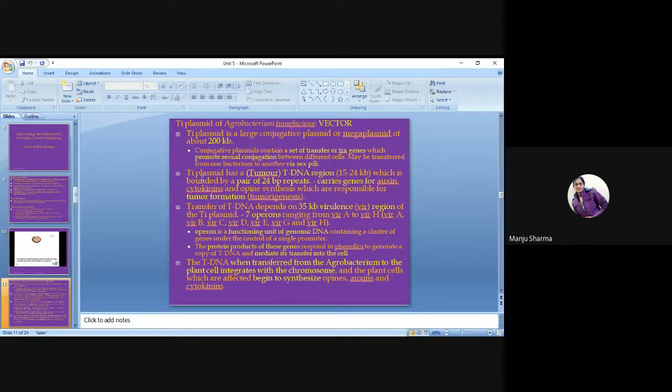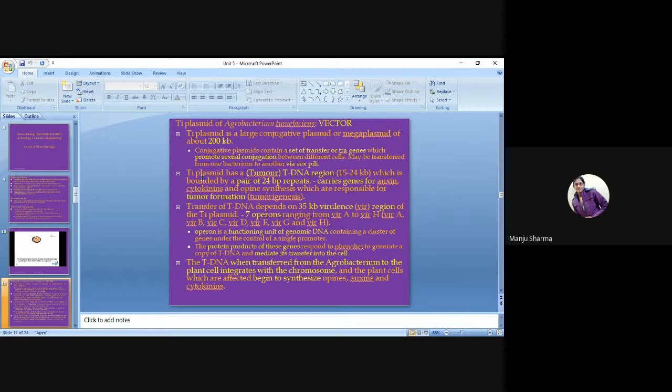Ti plasmid of Agrobacterium tumefaciens as a vector. The Ti plasmid is a large conjugative plasmid or megaplasmid of about 200 kb. Conjugative plasmids contain a set of transfer or tra genes which promote sexual conjugation between different cells, and may be transferred from one bacterium to another via sex pili.